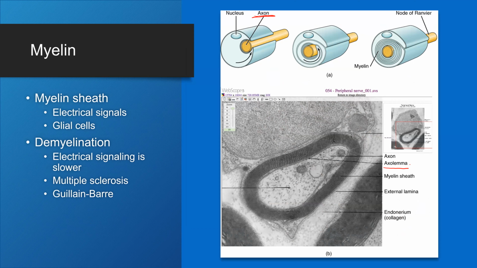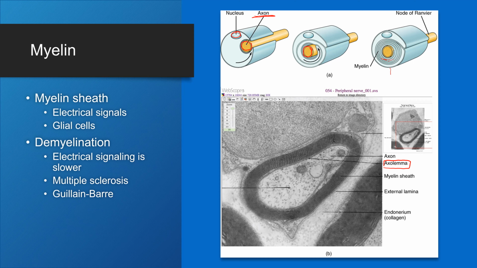So here's the axolemma, shown here in black. And then we have a Schwann cell. This blue structure is a Schwann cell. It has a nucleus, and the Schwann cell wraps itself around the axon several times, producing this myelin, right?